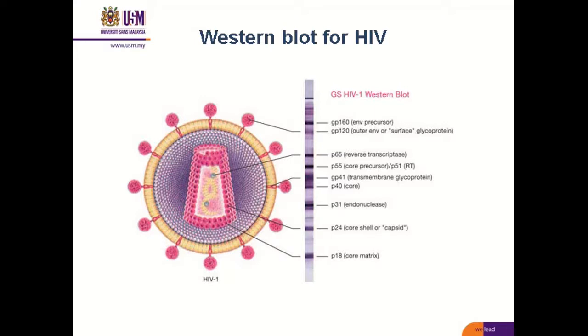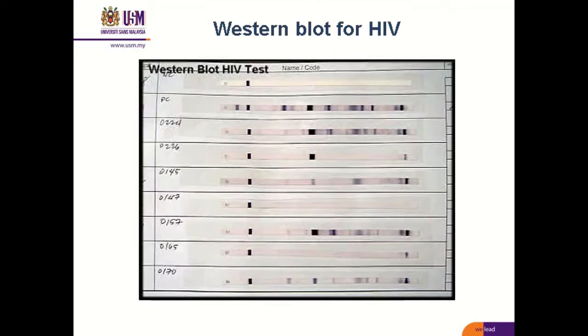We can detect these proteins of the virus using Western blot, which shows them as bands on the test strip. We can see which bands are present, and based on the bands we can say which proteins are present.